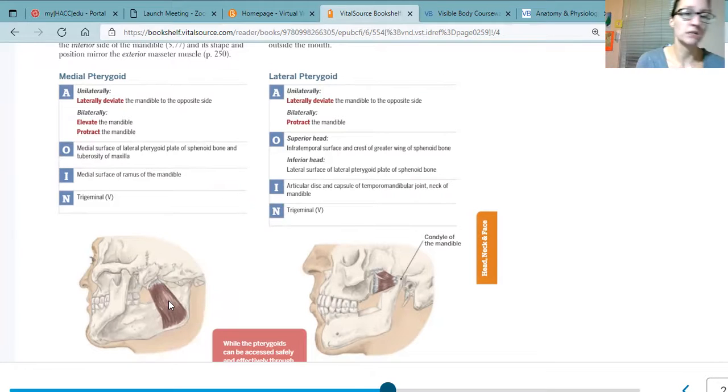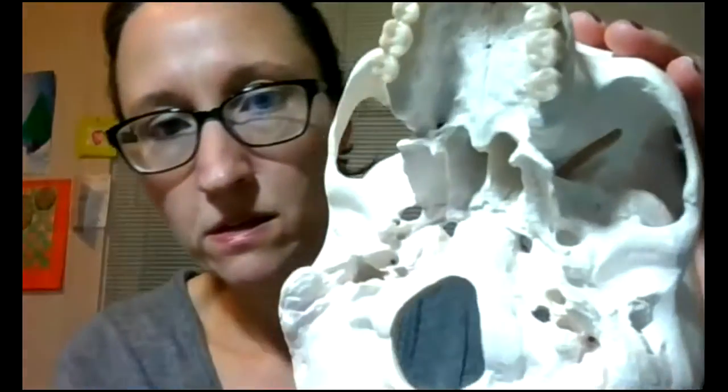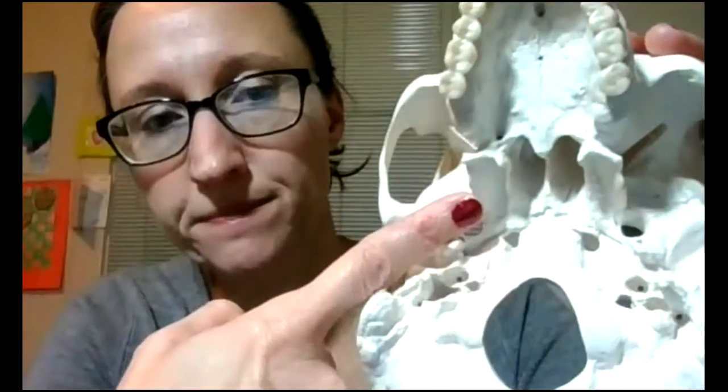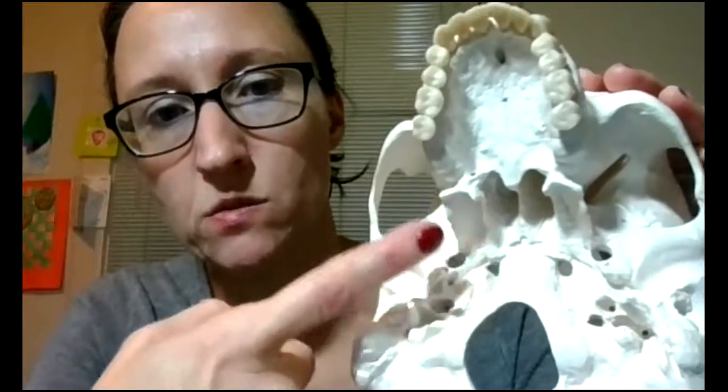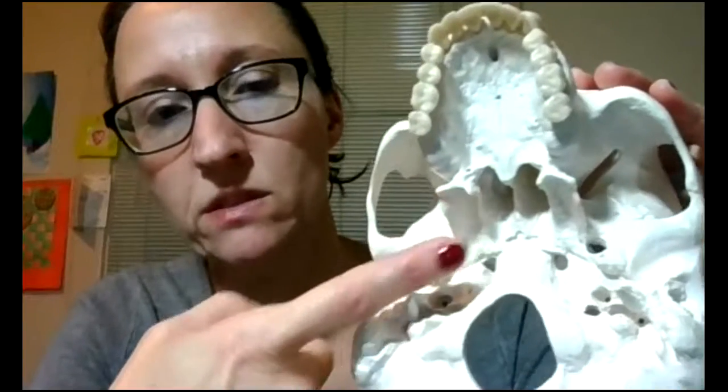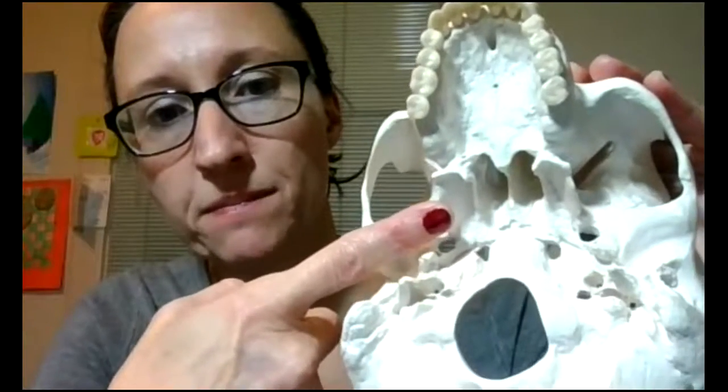So let me get my skull here for a second. I'm going to stop the share. And I am going to show you, where is it? The medial pterygoid plate. It's actually this one. Medial is this one, lateral is this one. Medial pterygoid plate, lateral pterygoid plate.